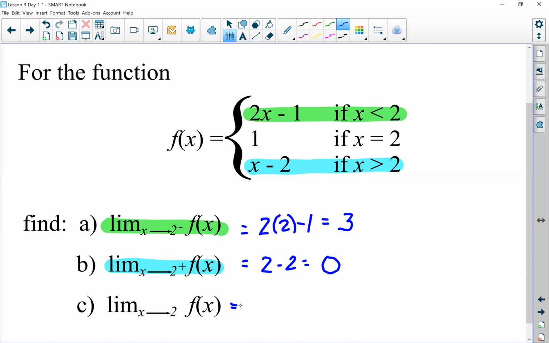So the limit as we approach 2 from the left is 3. The limit as we approach 2 from the right is 0. Is the limit as we approach from the left equal to the limit as we approach from the right? No. So the limit does not exist.